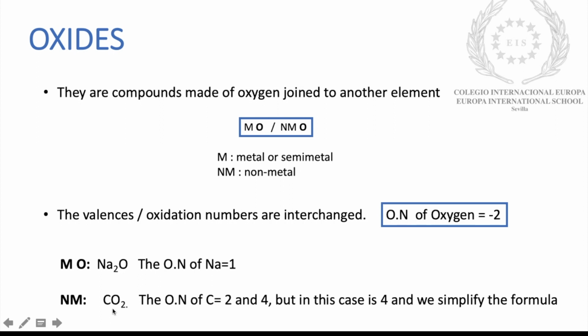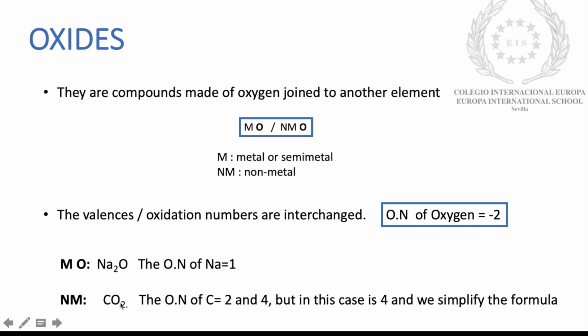What happens here? That the oxygen contains the oxidation number of 2, but here we don't have a 2. What does it mean? That the carbon is 4 in this case, and we have 2 here of the oxygen and 4 here of the carbon, and we simplify it and we have 1 in oxygen and 2 of the carbon, okay?